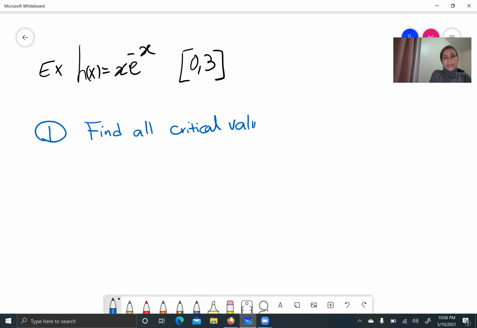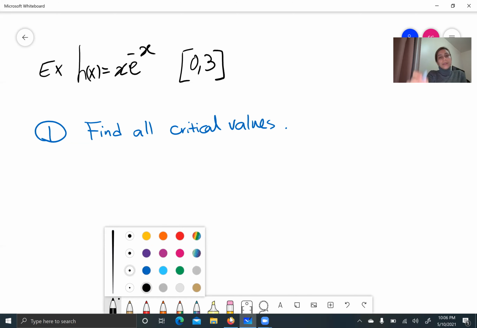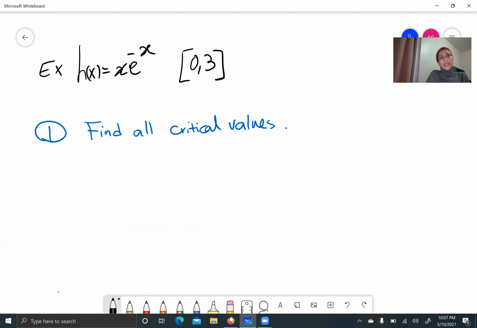So let's do the first step. To do the first step, what was the critical value? It's any point that either makes the derivative 0 or the derivative at that point doesn't exist. So I need to find the derivative of this function.